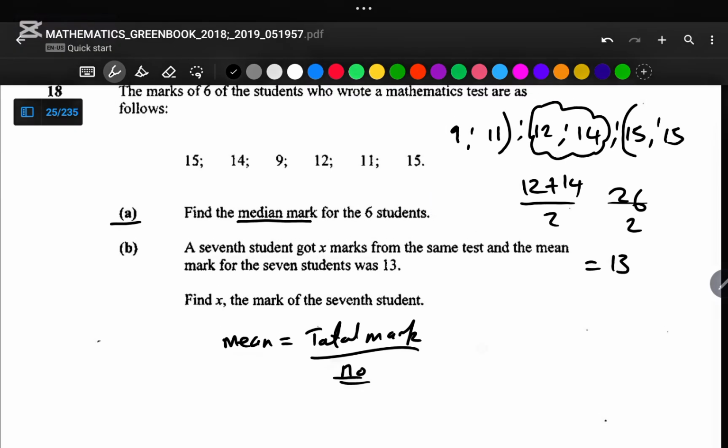is equal to, so we can simply add 15 plus 14 plus 9 plus 12 plus 11 plus 15 again.